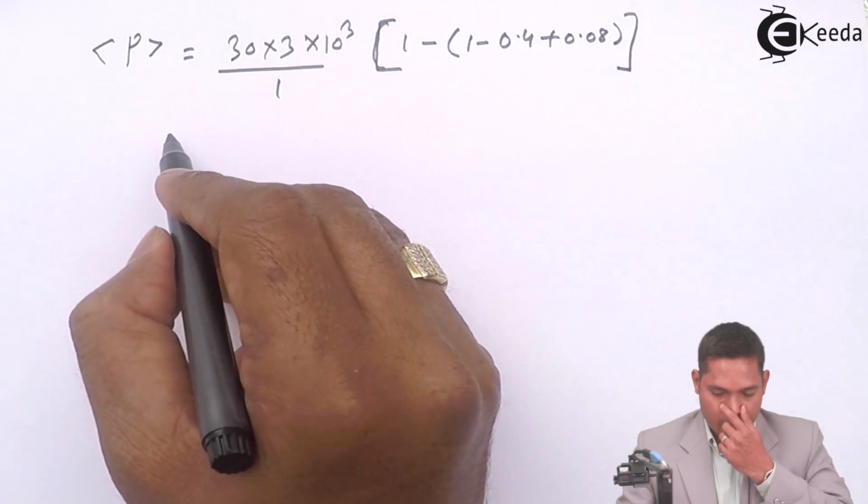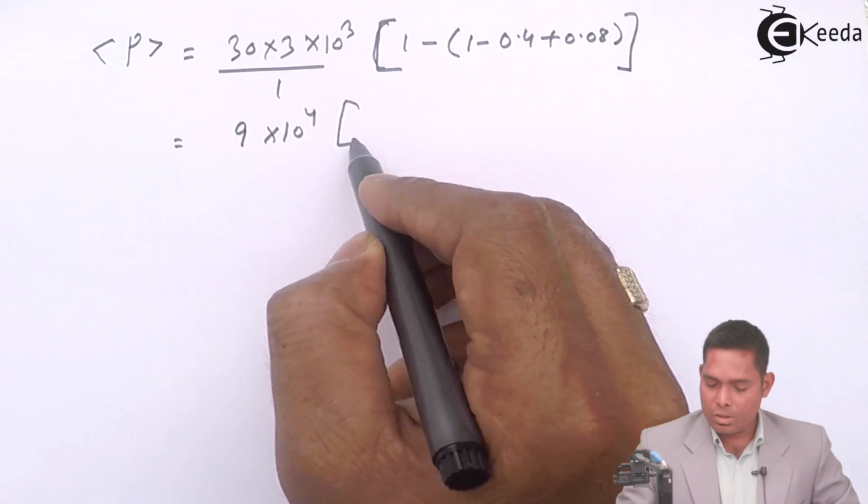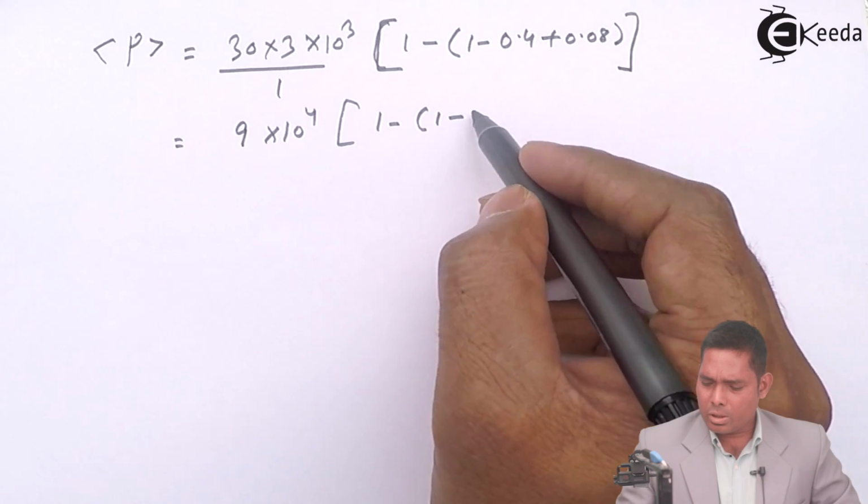Close the bracket. So this is 9 into 10 raised to 4, and this comes out to 1 minus 0.48.